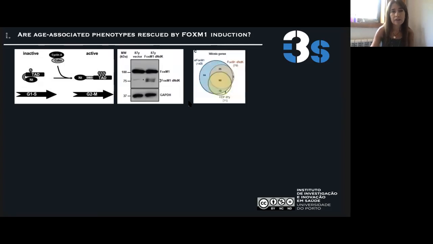And we found that the mitotic genes that were depleted in the aged cells and also by RNAi were recovered upon the overexpression of this active FOXM1.